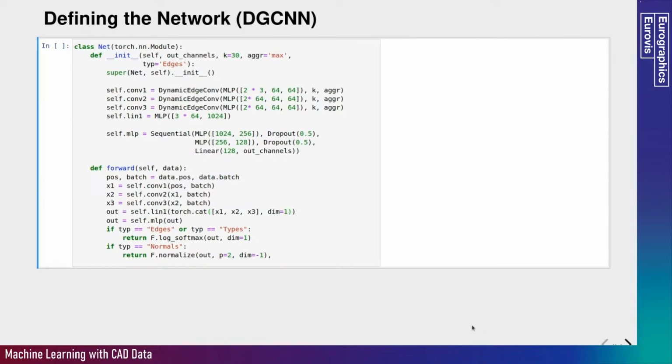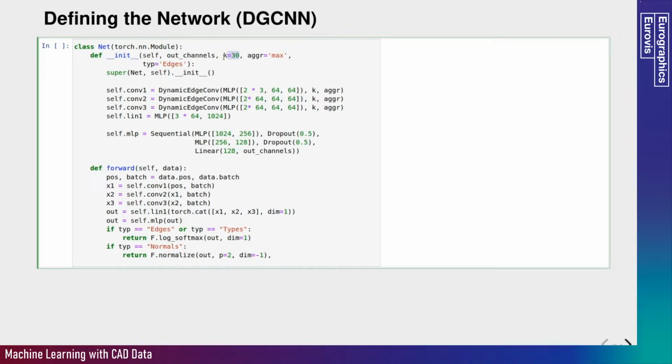Once we visualized our data and looked into the statistics, we can actually define the network that we use for our training and prediction. In this case we are making use of a network called Dynamic Graph CNN, which is one of the networks that works on point clouds of arbitrary sizes. This network has a few parameters to set. One parameter is, for example, the nearest neighbor definition.